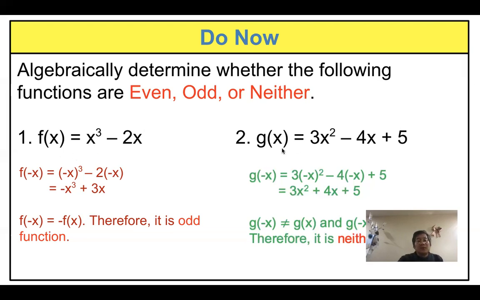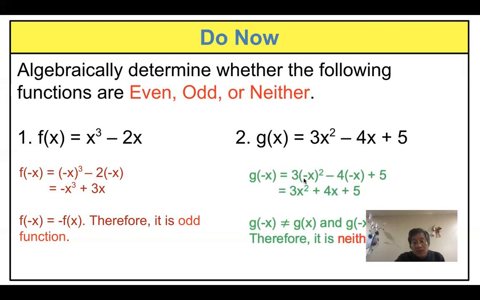Then number 2, if you see it, this is 2, this is 1, this is 0. Even, odd, even. It's mixed. If it is mixed, it's not an even function, it's not an odd function, which means neither. But we should show it algebraically, so you should do g of negative x, right?